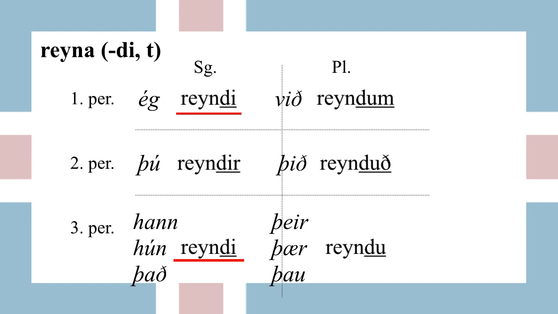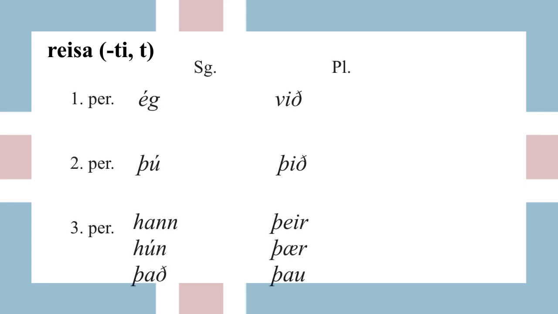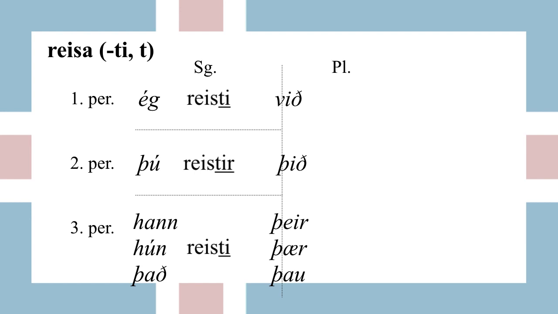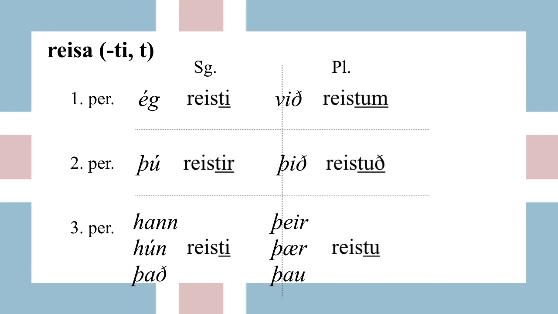So this chart right here shows you how to conjugate di verbs in the past tense. Let's look at one with ti, að reisa, which means to raise. We have ég reisti, þú reistir, hann, hún, það reisti, við reistum, þið reistuð, and þeir, þær, þau reistu. And this is how you'll conjugate almost all ti verbs in the past tense.